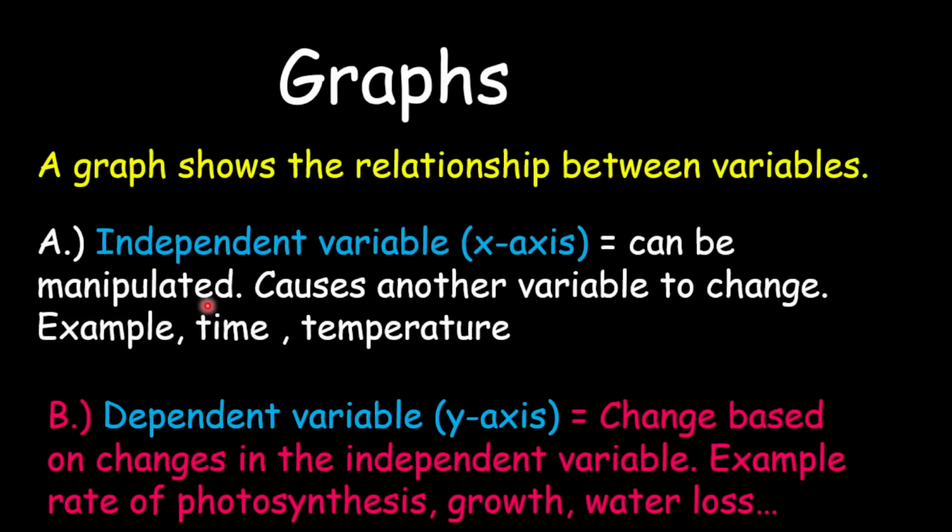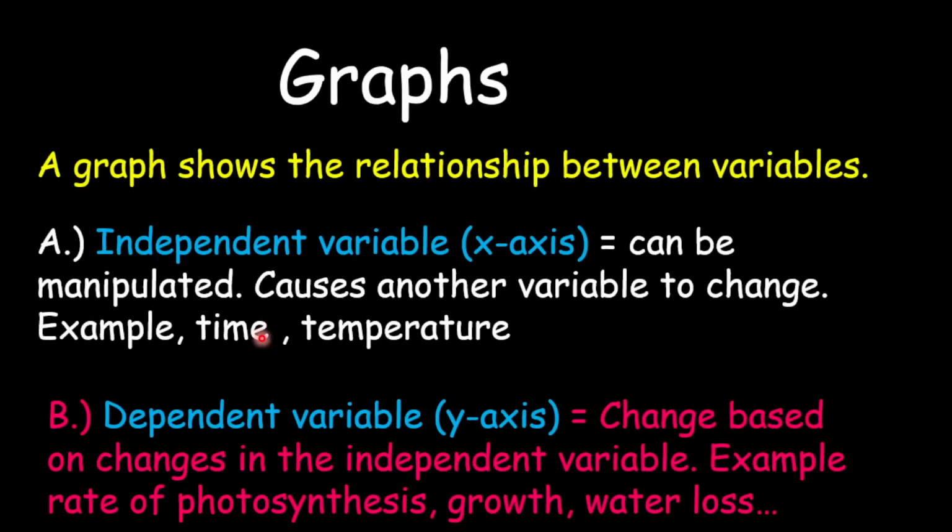In other words, you as the experimenter can adjust the independent variable to produce a certain result or a certain change or a certain response. That is you doing this. What is important about the independent variable is that it causes another variable to change.